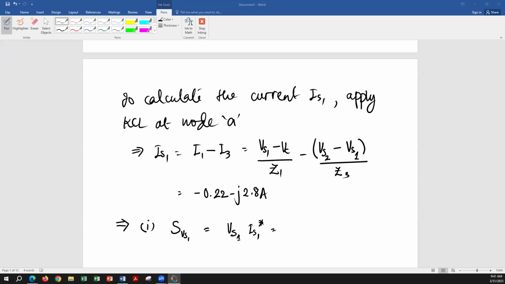This is the easiest way to calculate the complex power if you know the voltage and current. So S1 equals VS1 times conjugate of IS1. Okay, this is coming out to be negative 2.26. No, don't worry about negative here. Negative sign just tells you that the current we assume is in the opposite direction, because again, the active power cannot be negative, remember, right?